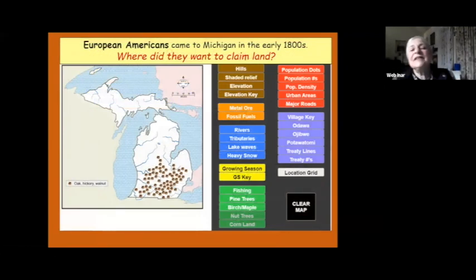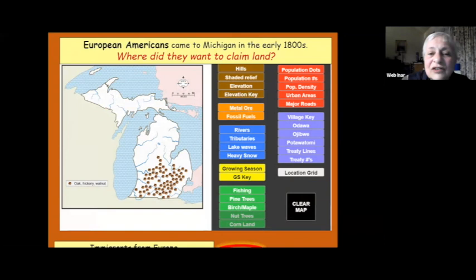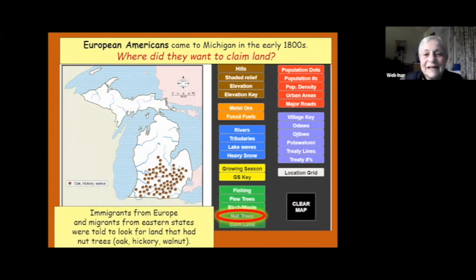And I know this is a kind of strange layer to turn on. This is the nut tree layer: oak, hickory, walnut. It turns out that many of the European Americans and immigrants from Europe had been told that a good place to find farmland would be a place that had nut trees.